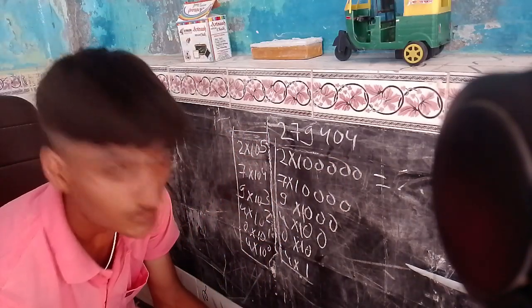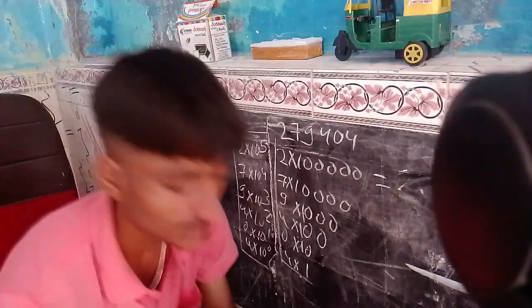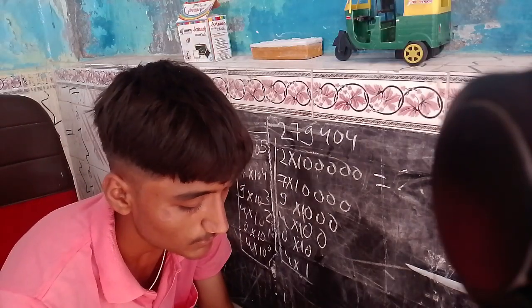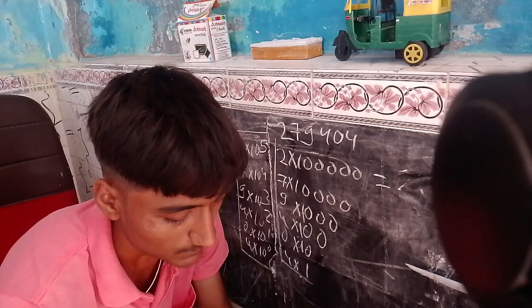Second question is: find a number from each of the following expanded forms.